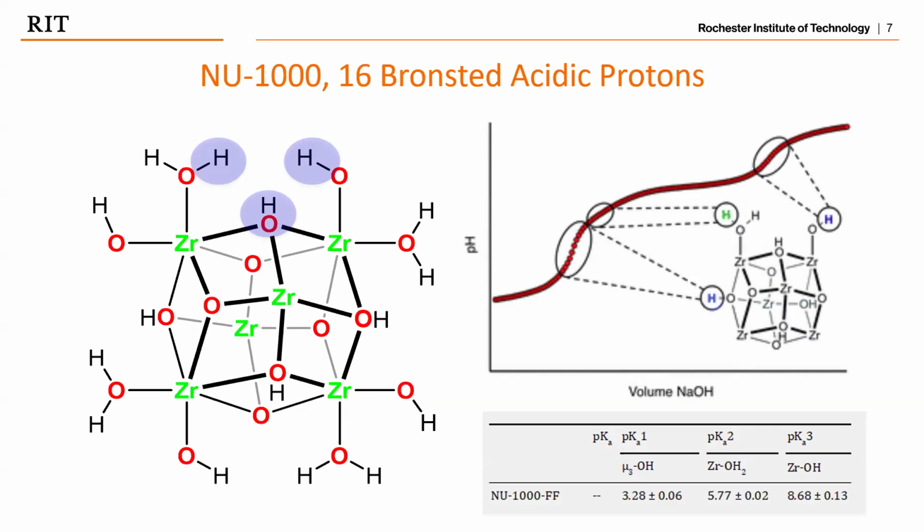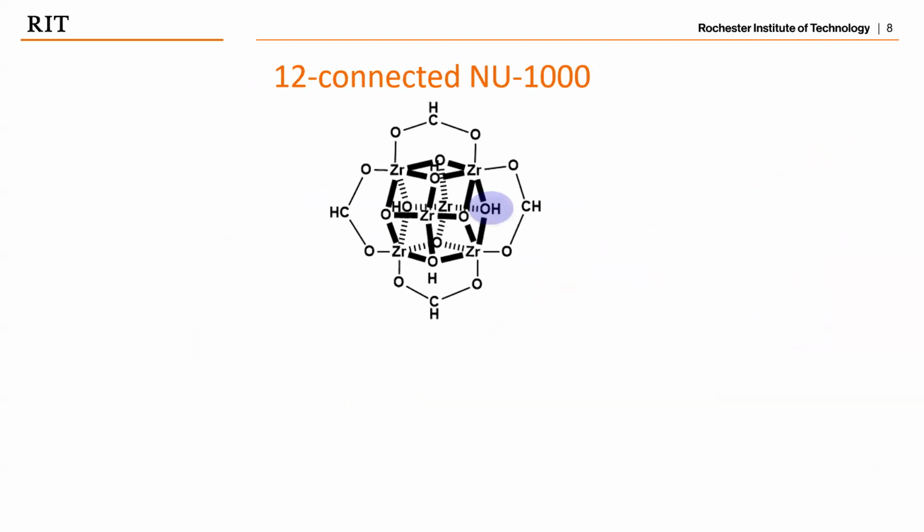We were curious how these different protons contribute to ammonia capture. Is it just physisorption or some chemisorption? First, we blocked two types, so we only focus on the bridging OH, the most acidic proton.